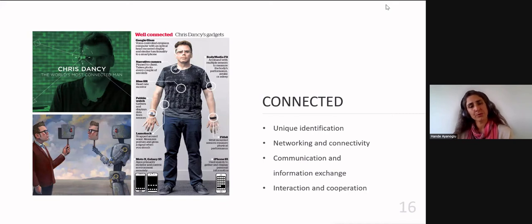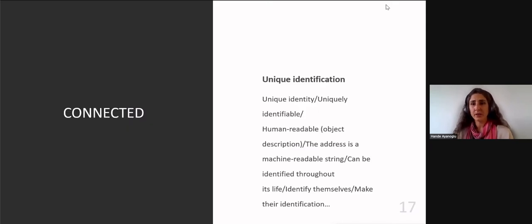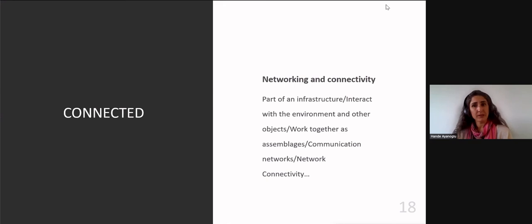And there's also what they name connected products. These connected products have a unique identification, so a human can read this identification, or the product can identify itself from different products. There's also networking and connectivity, so the products are not really working alone, but are connected to different products.